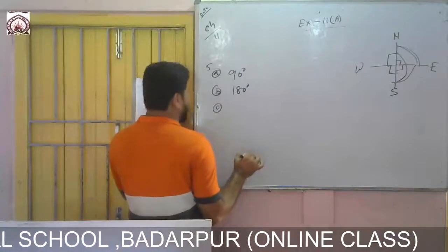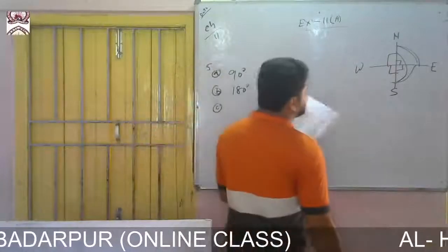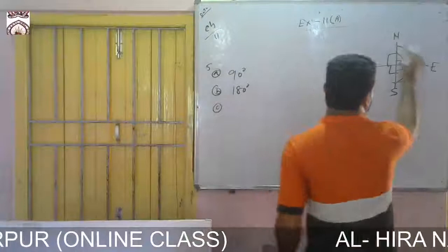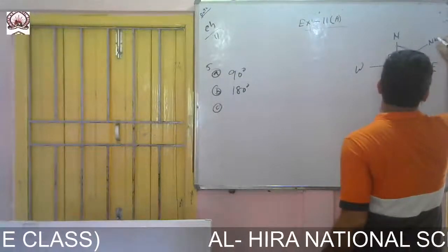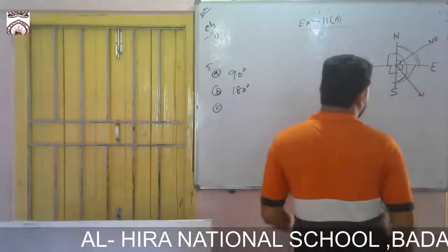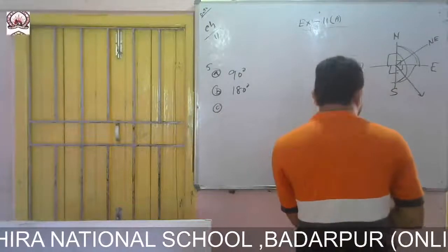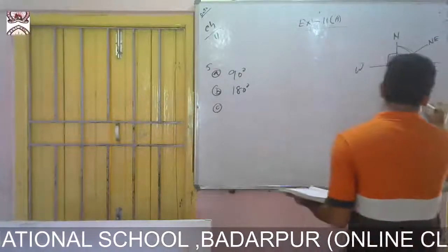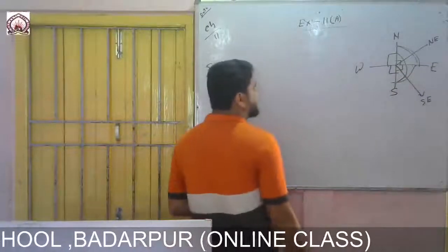Now come to see what is there: from north to NE. NE means the middle portion of the quadrant, that is called NE. So this will be NE, and this will be SE.